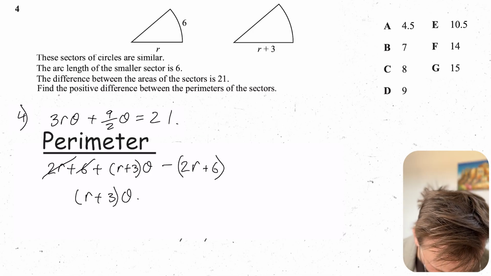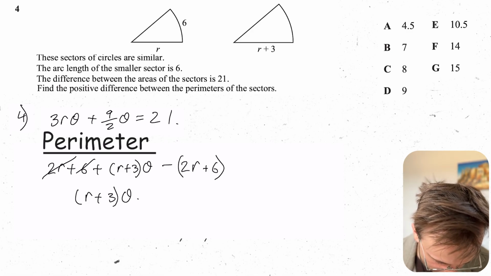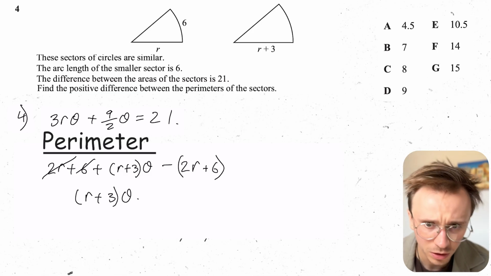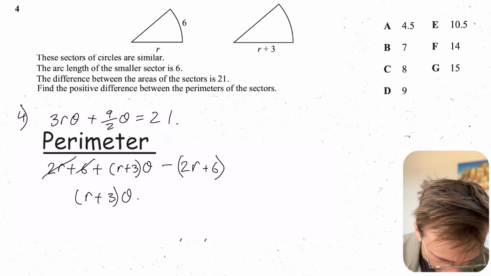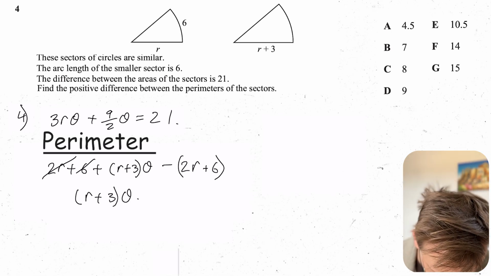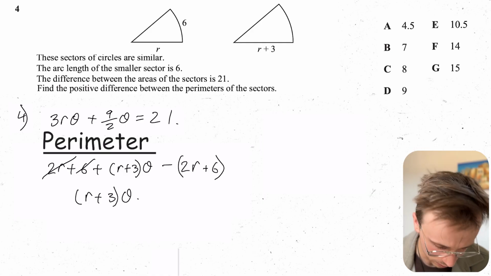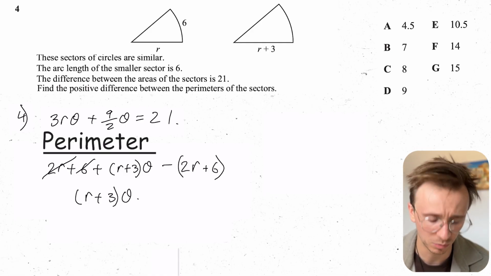And can I work that out from here? So I know that 3r plus, not quite. So what do I need to do? So r plus 3 theta, and I know they're similar, but that doesn't help me too much here.